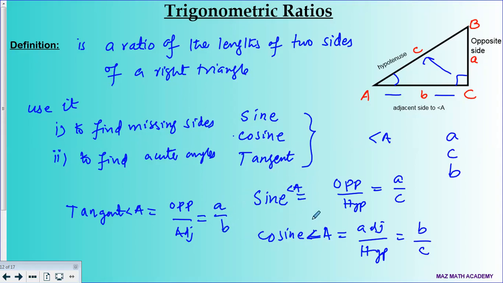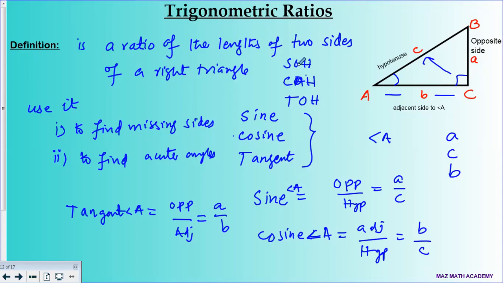Now, how to remember these formulas? It's very easy. We can use some tricks for it. We can use a sentence to remember the values of sin, cos, and tan. So here we can also use this short trick, like soh cah toa.